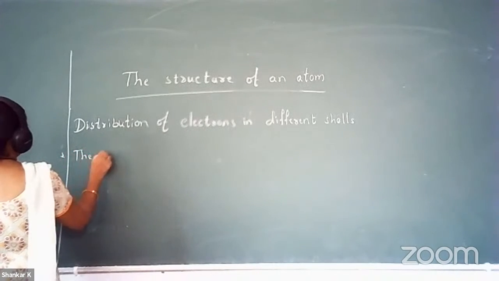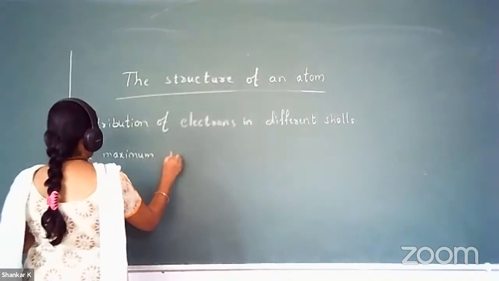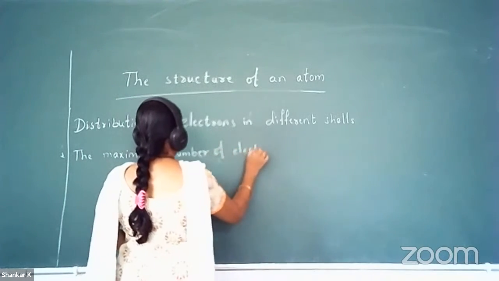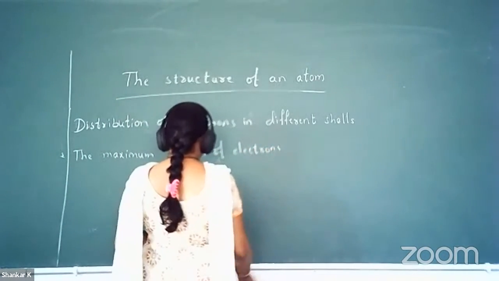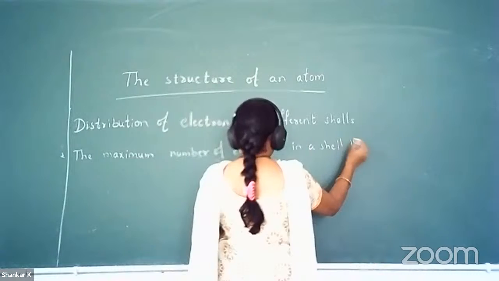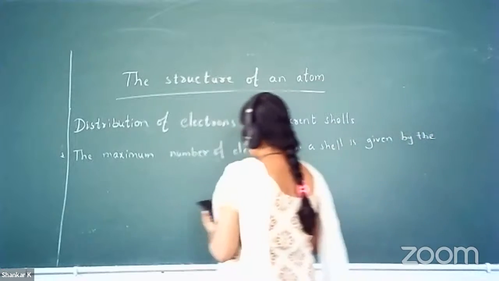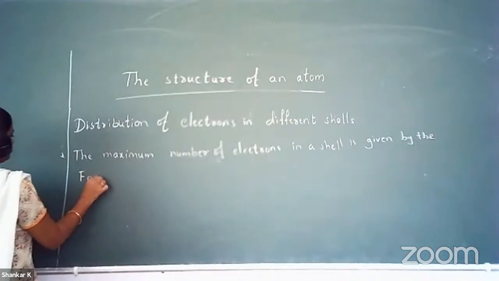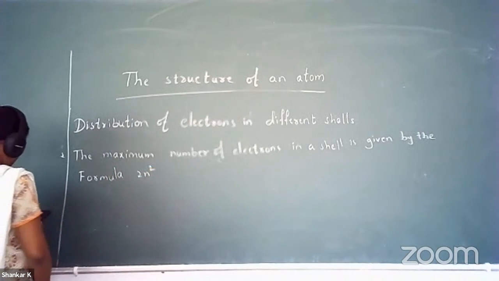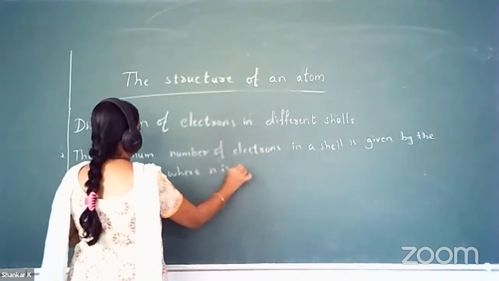The maximum number of electrons in a shell is given by the formula. So you know that the formula is 2n square, where n is the number of the shell.